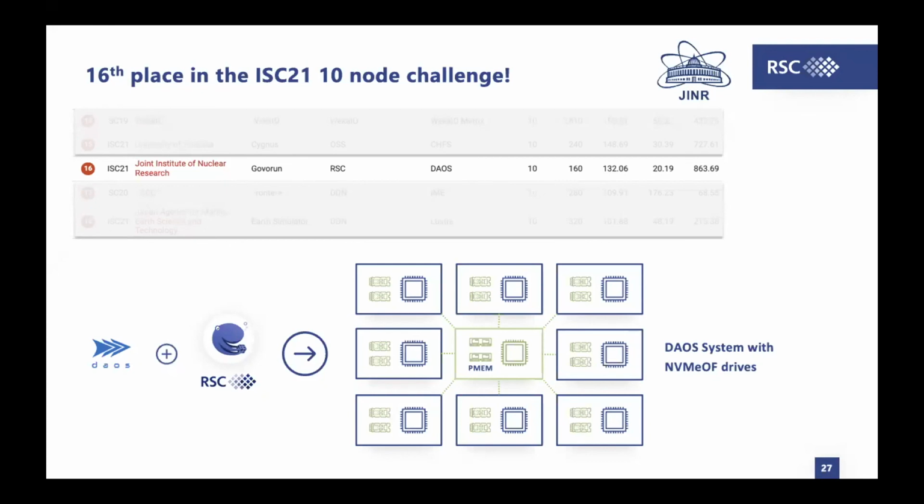Second, this spring, my colleagues from JINR and RSC built a DAOS with NVMe over Fabric drives using our orchestration system, and we took 16th place in the IO500 10 node challenge. I want to say a big thank you to the DAOS team and the DAOS community. They helped us a lot with debugging.